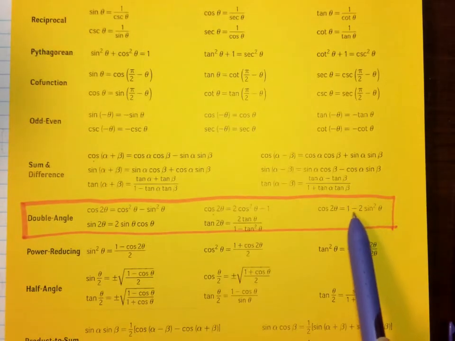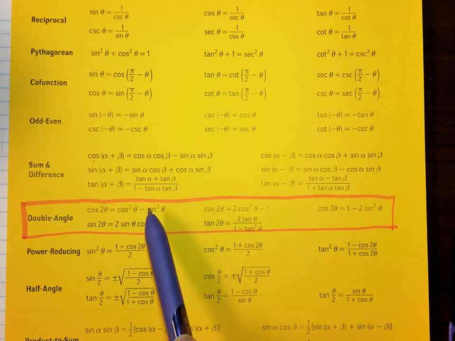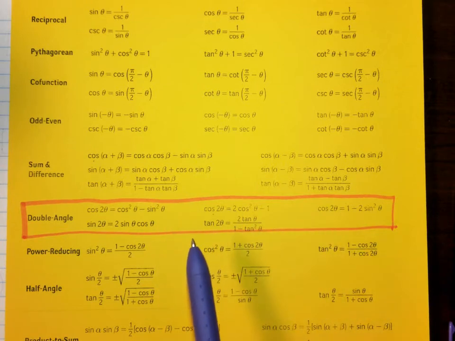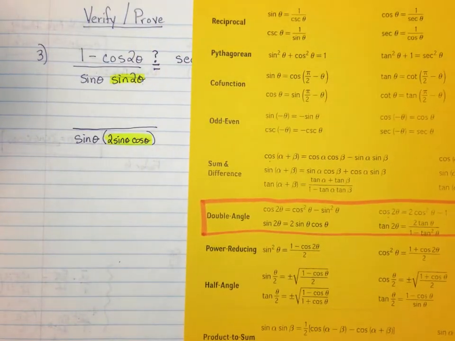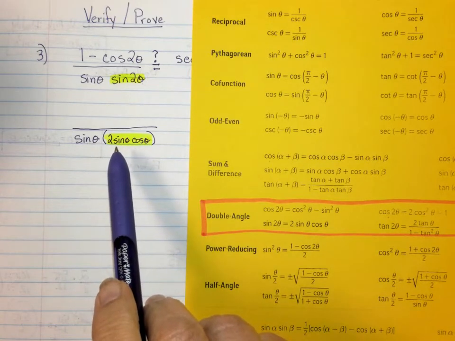Or I could do 1 minus 2 sine squared theta. Now guys, I could put any one of these in there and eventually get to my answer. But I can also look at what I have and make a pretty good choice.